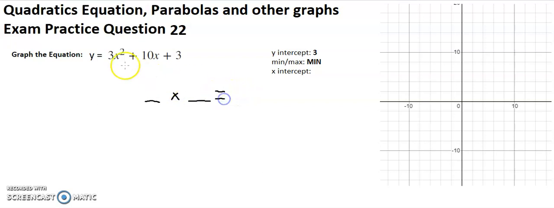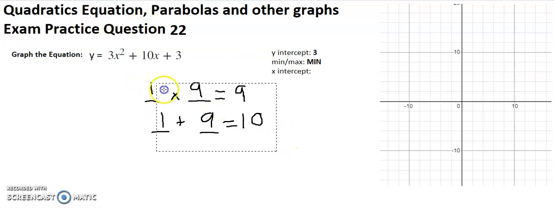So AC is 3 times 3, which is 9. Then what two numbers multiply to equal 9 and add up to equal 10? That is 1 and 9. So 1 and 9 add up to equal 10.